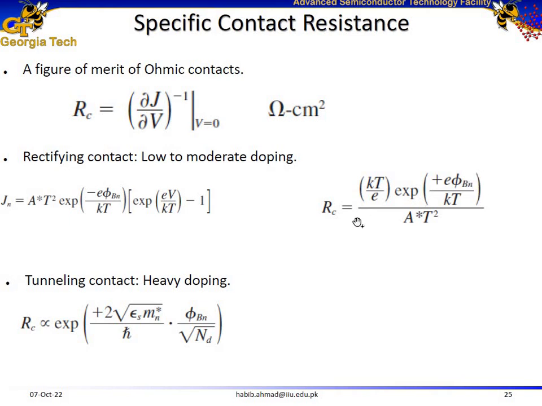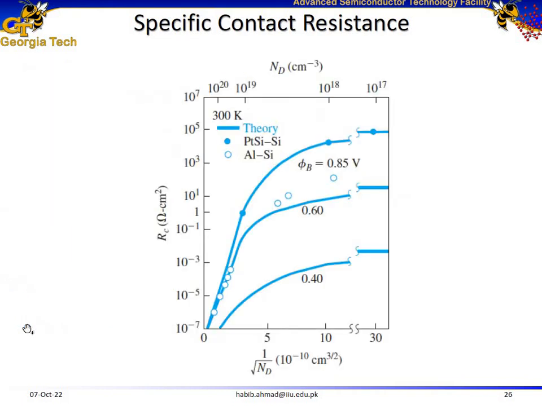The higher the Schottky barrier height, the higher the contact resistance is going to be. For tunneling, it's inversely proportional to the doping concentration. The higher the doping concentration, the lower the contact resistance.